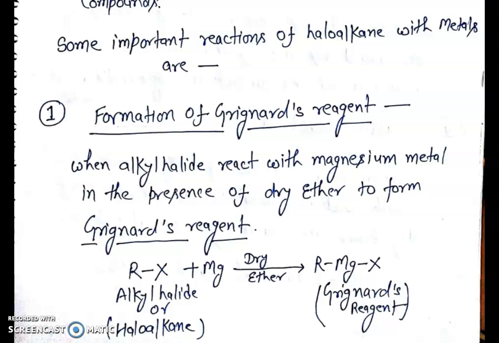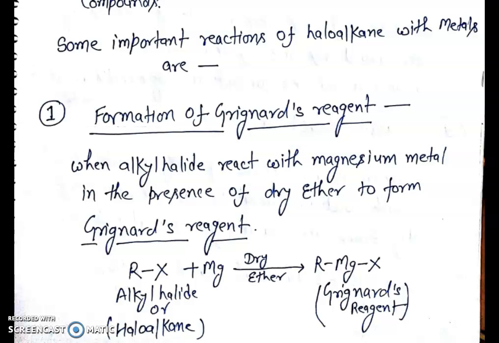Some important reactions of haloalkane with metals are: first, formation of Grignard reagent. When alkyl halide reacts with magnesium metal in the presence of dry ether, it forms Grignard reagent, that is RMgX.